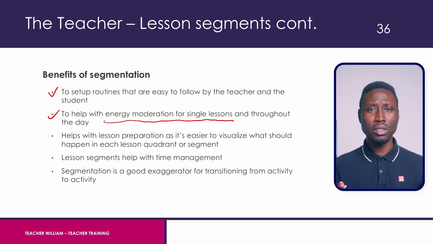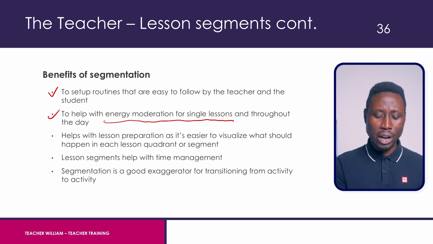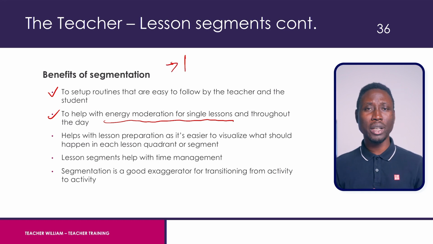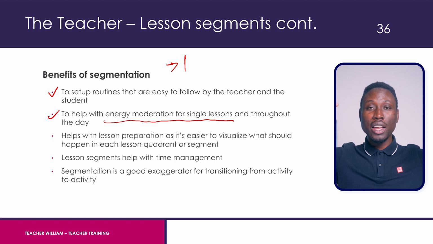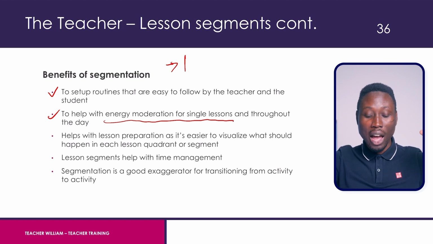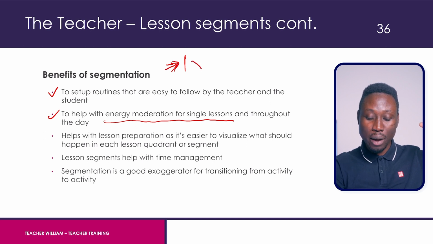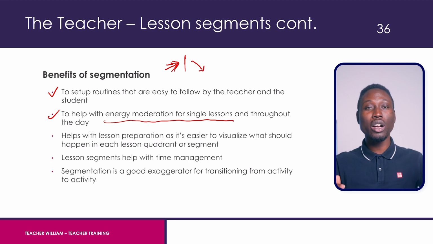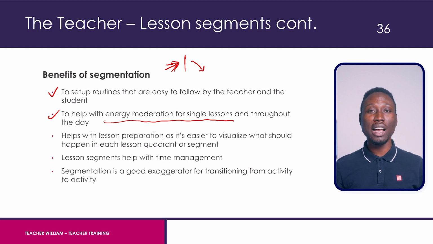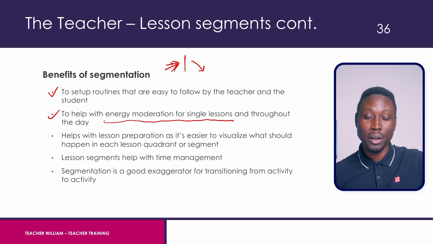So, for instance, look at it like this. When I go into class, the first segment begins. We go energy high. We do our introduction and warm up, we are high. When that segment is ending, we bring the energy down and everyone goes back and sits down. We are relaxing and our energy goes down a little bit.